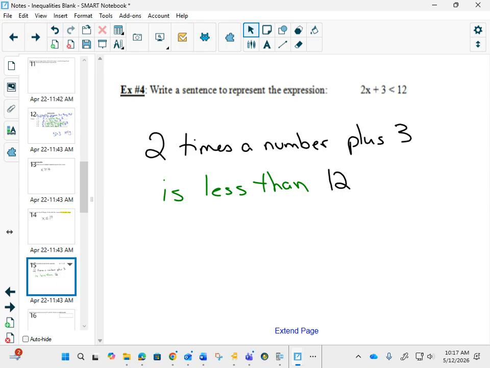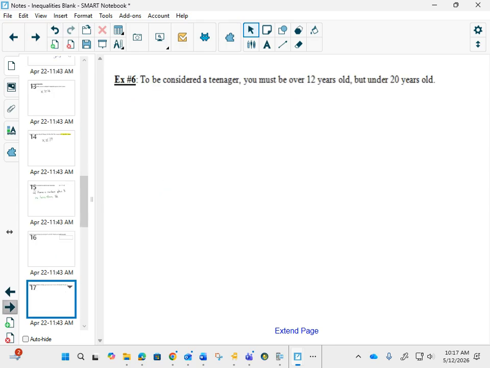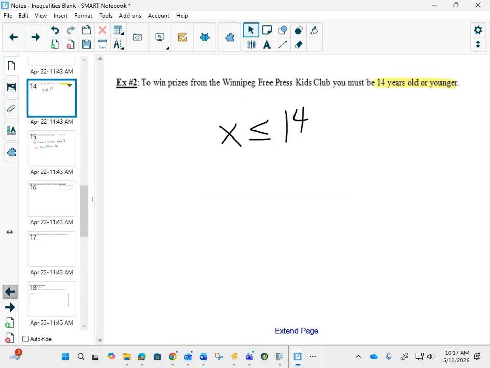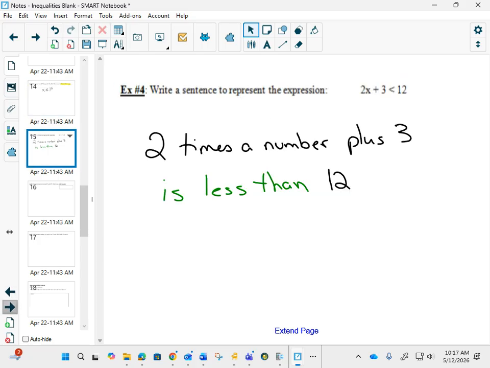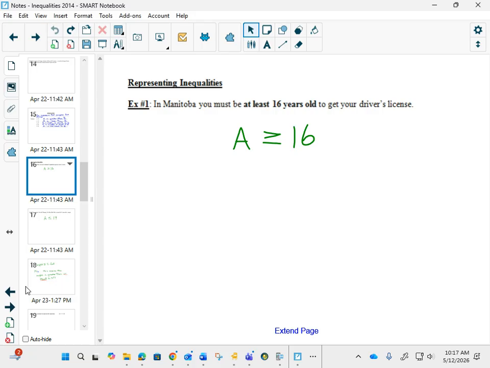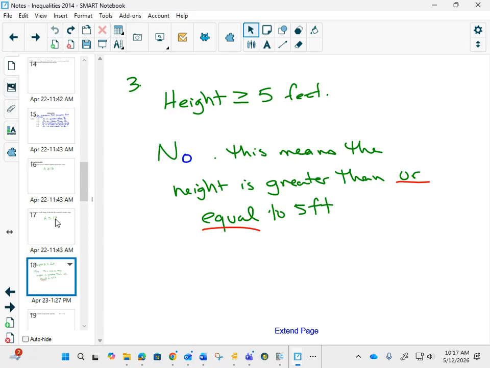I wonder if my example 3 just, I'm gonna take a quick peek. Look at that. It just totally got missed. Okay, we'll just add it in after this. I'll let you write this down.